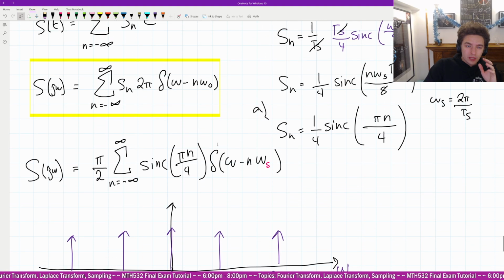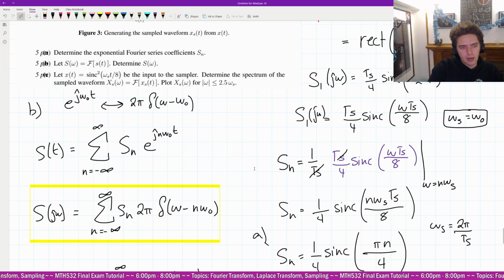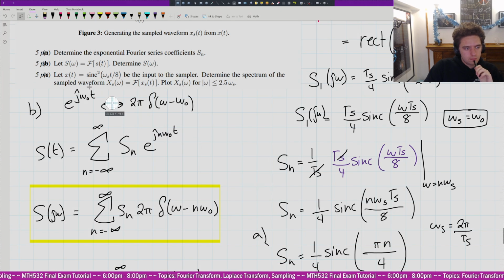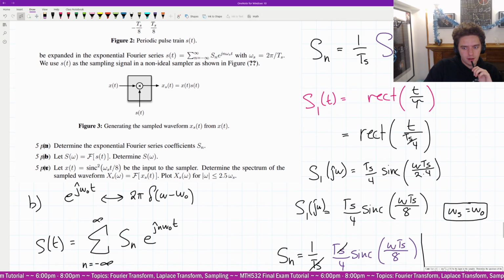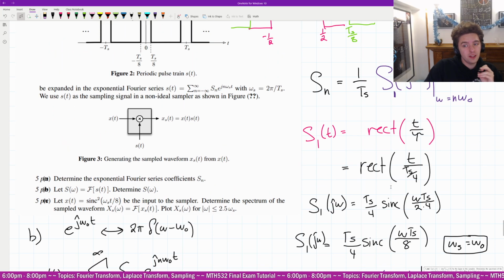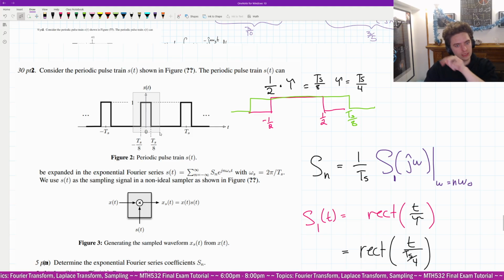So with that in mind, the next two parts of the question are not too bad. In part A, didn't we already find the Fourier transform? We found the Fourier transform of just one single rect like that, one single thing. But we want the Fourier transform of the whole S of t.